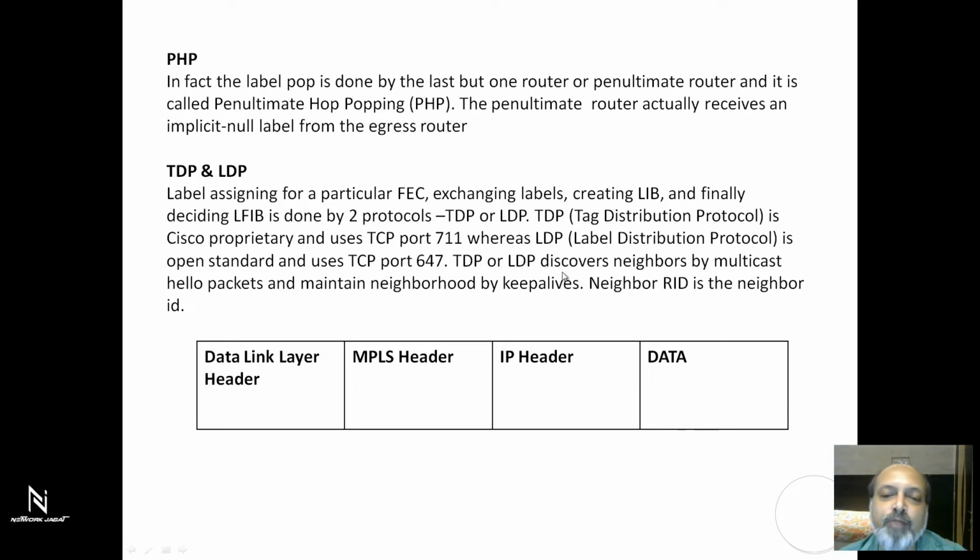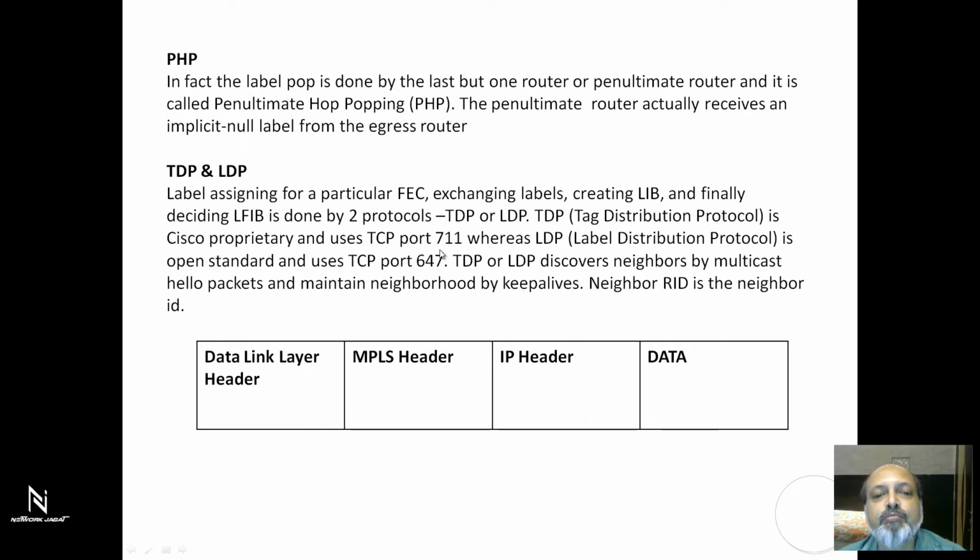But keep in mind that there is no advantage of using TDP over LDP or vice versa. You can use whichever you feel like. It depends entirely on your vendor. If you are using an all-Cisco platform, you can very easily use Cisco proprietary TDP.